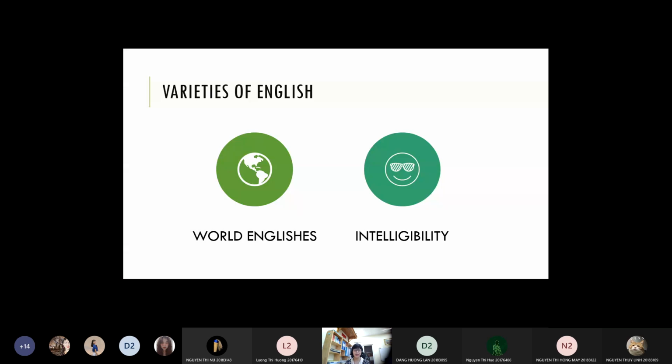So remember that English is used all over the world, and from English it has become Englishes. And for most of the time we speak English to non-native speakers. So it is essential, it is necessary to expose our students and even to expose ourselves to different varieties of English.